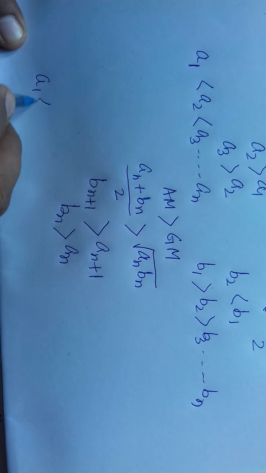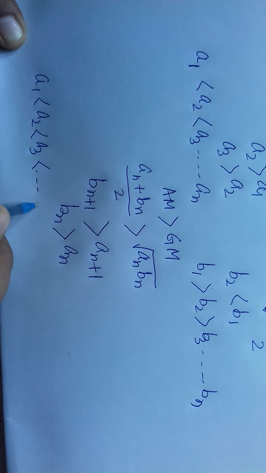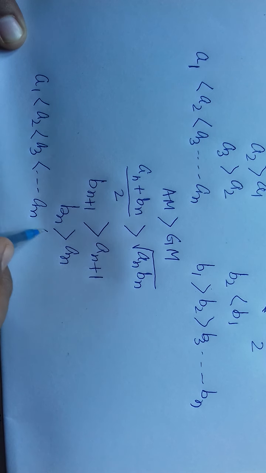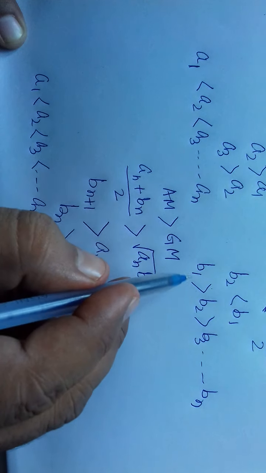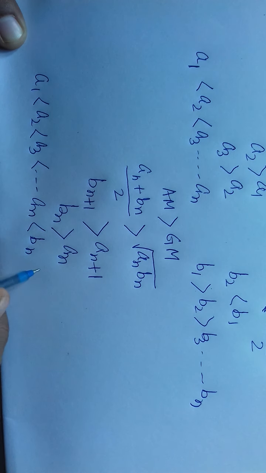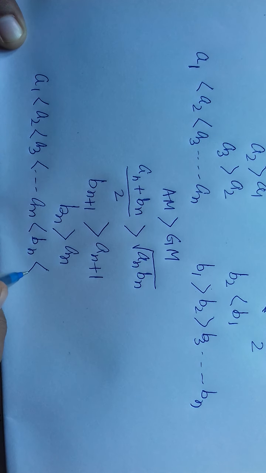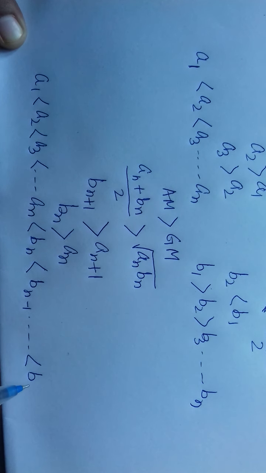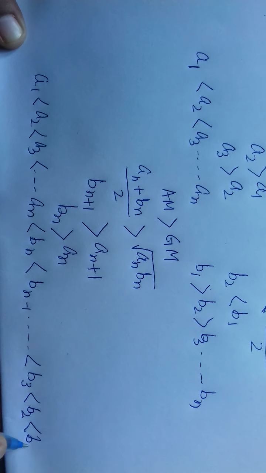Now we write this again: a1, a2, a3, dot dot dot an, and here you see bn is greater than an, so bn is greater than a1. But you see that bn is a decreasing sequence, so from here we can write bn, b(n minus 1), dot dot dot b3, b2, b1.